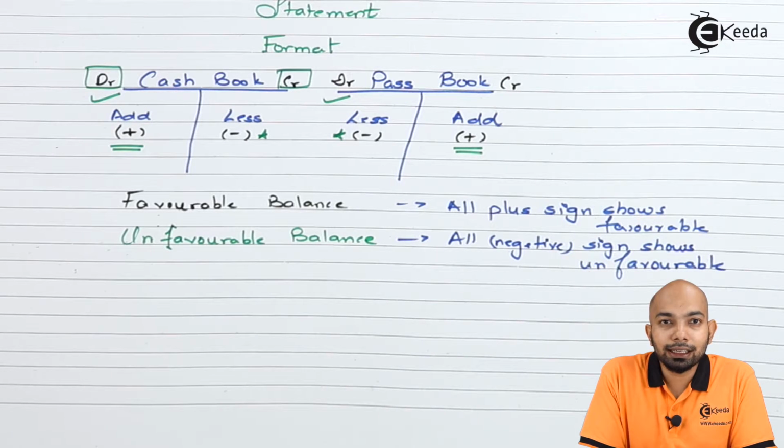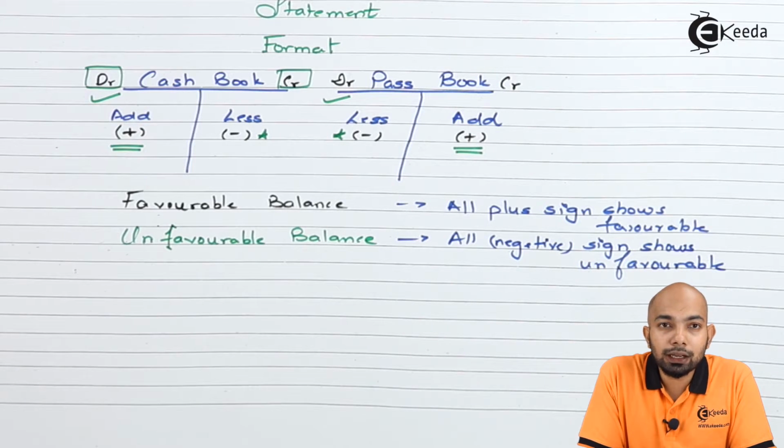If I have the same thing as a credit balance in my cash book and a debit balance in my passbook, that means I have 10,000 in negative. If there is a next deposit of 20,000, I will still have just 10,000 and not 20,000, because the negative balance of 10,000 will be adjusted with the 20,000 deposit.